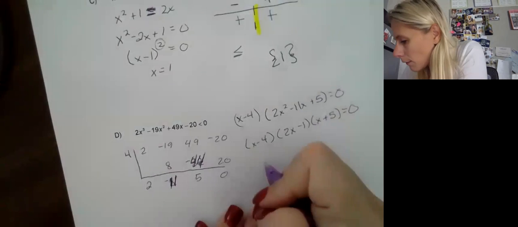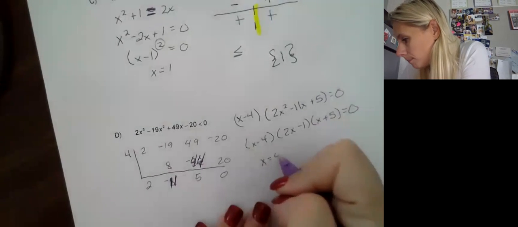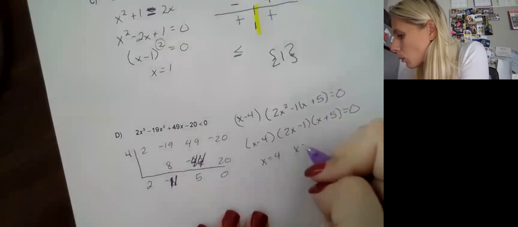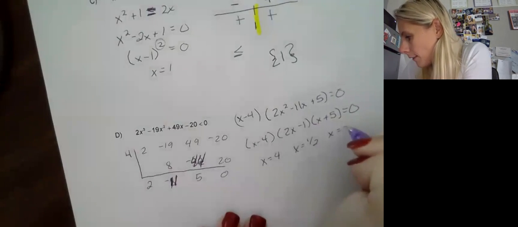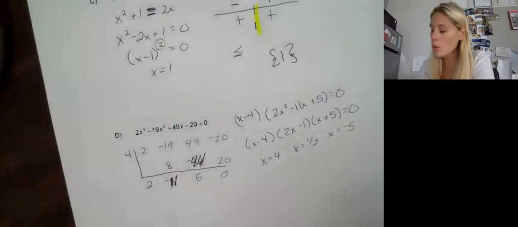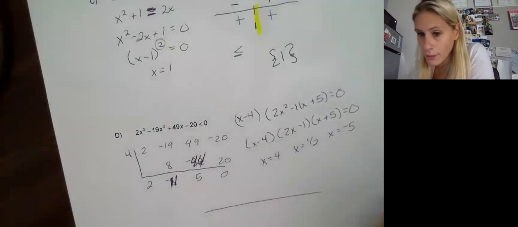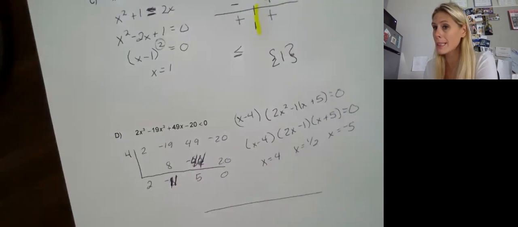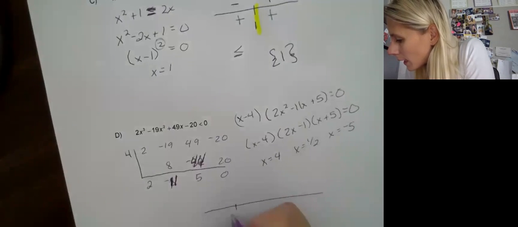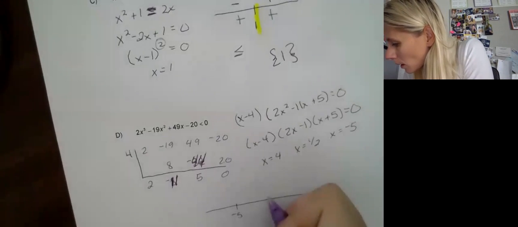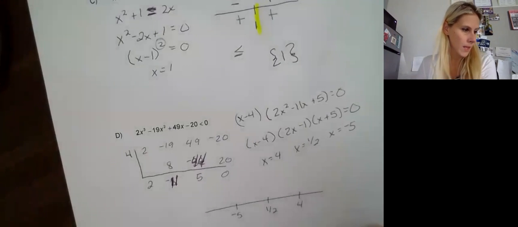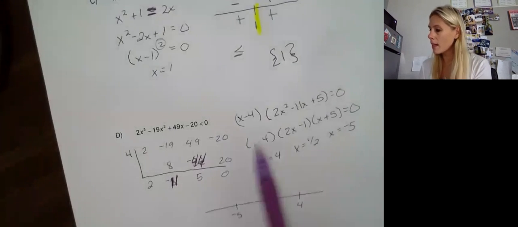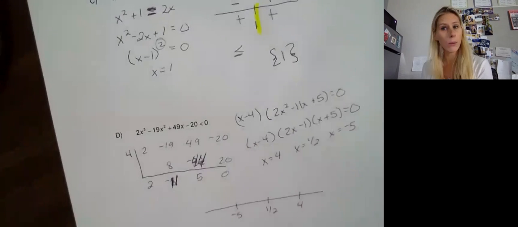All right, so I get the values of x equals 4, x equals 1/2, and x equals -5. Remember, when we make our sign row, we have to put it in order. That's one of the biggest mistakes people make. So we have -5, 1/2, and 4. Now keep in mind that they are all multiplicity of 1, so I just need one row for each.